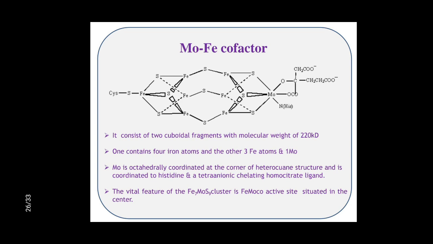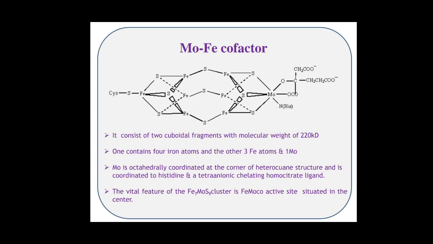Now, molybdenum iron cofactor. It consists of two cuboidal fragments with a molecular weight of 220 kD. One contains 4 iron atoms and the other 3 iron atoms and 1 molybdenum atom.